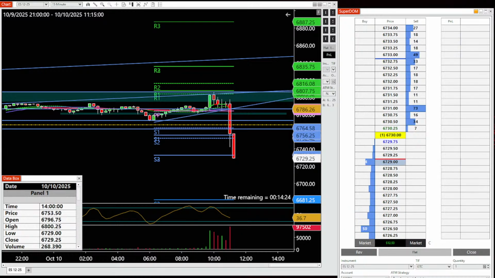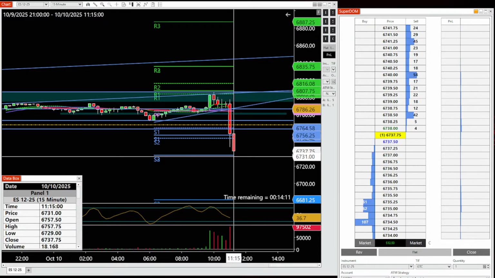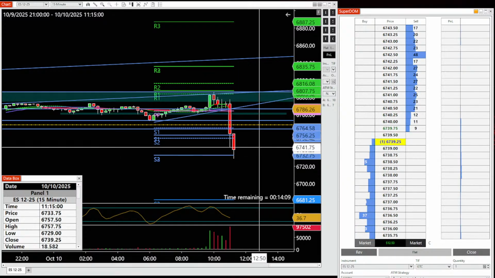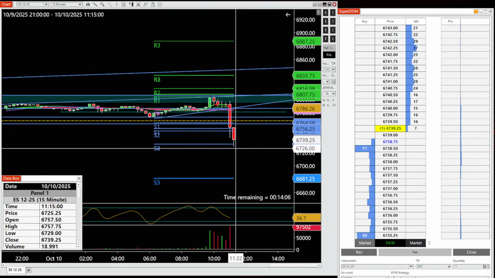Just dumping. The market is just dumping. Dump to S3. No, S2.